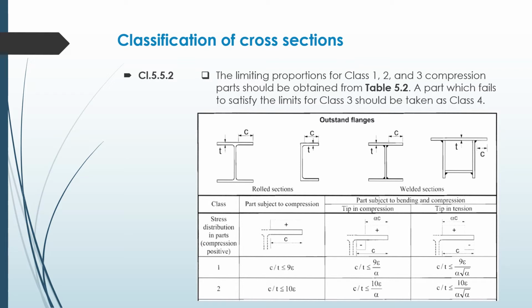A part of Table 5.2 is reproduced in the presentation. As you can see, for example, for class 1, for a flange subjected to compression, the c/t ratio should be less than or equal to 9 epsilon, where c is the outstand of the flange. Accordingly, you can classify the entire cross-section for both the flange as well as the web.